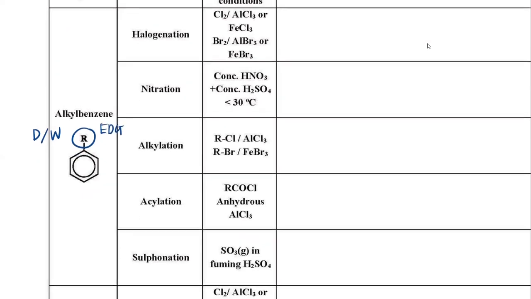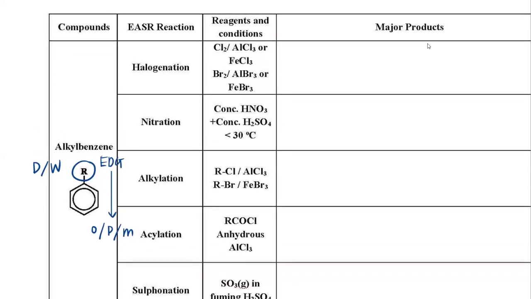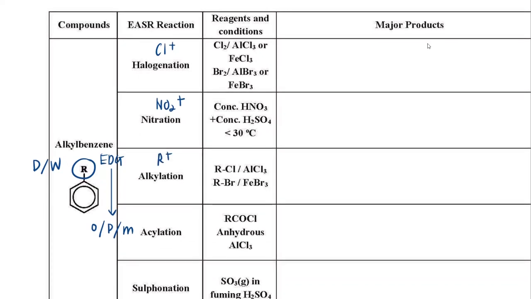So electron donating: when we have newcomers, new things going to substitute into your benzene ring, which will it prefer, ortho, para, or meta? For example, in halogenation, we have bromine, which will be attracted. I just simply draw out the electrophile for you.